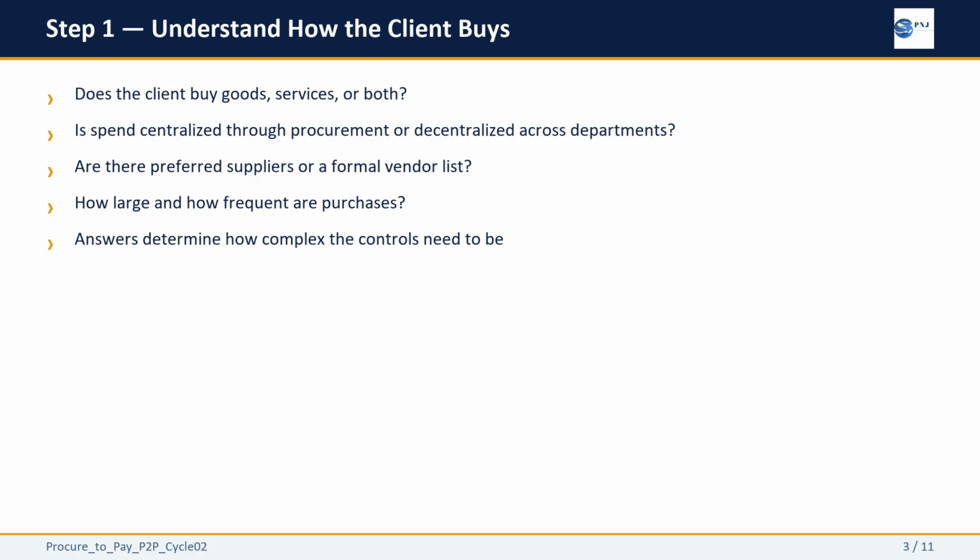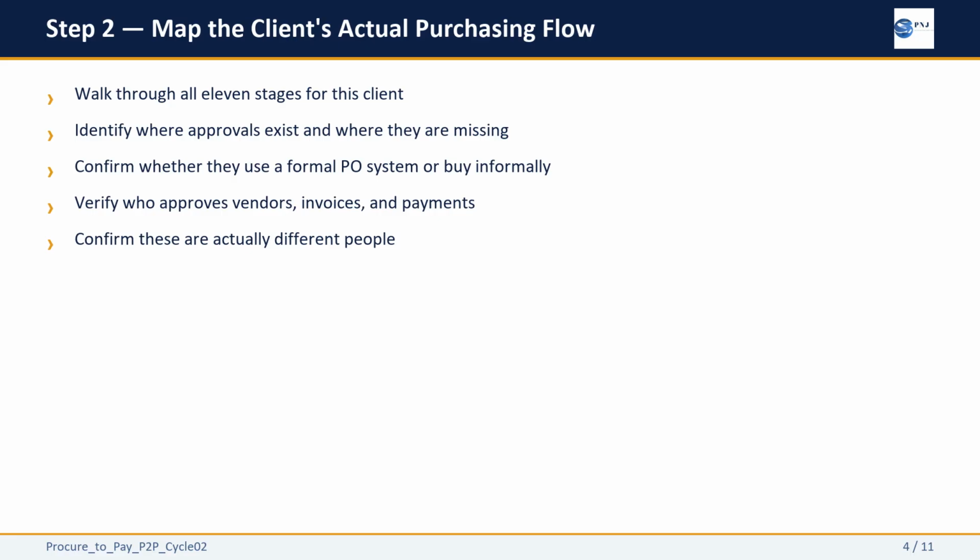A small service business buying primarily from 3 known suppliers needs a different control environment than a manufacturer sourcing from 200 vendors globally. Once you understand how the client buys, you map their actual flow against the 11 stages, not the process they describe in their policy document, the process that actually happens. Walk through every stage and ask, does this approval exist? Does it actually happen?